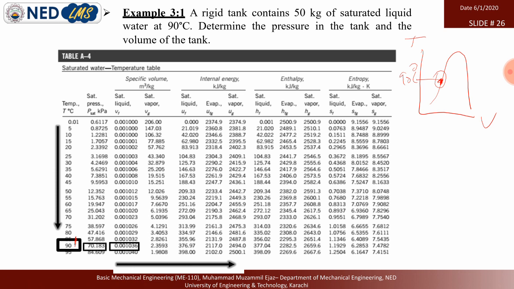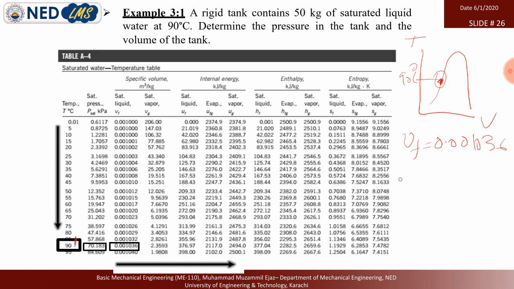Now the second quantity: determine the volume of the tank. From this table we can also calculate the volume. How? We are talking about this point, and at this point the subscript f shows the specific volume. So what is the specific volume here? 0.001036.